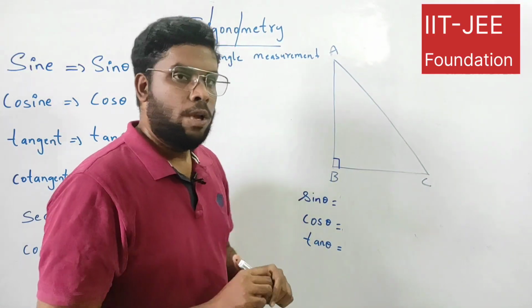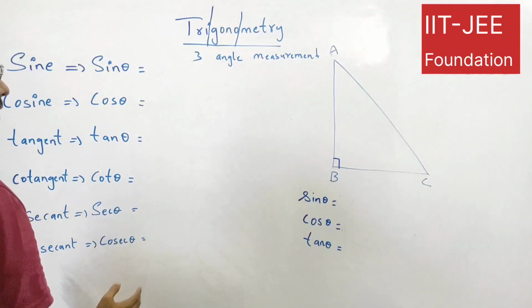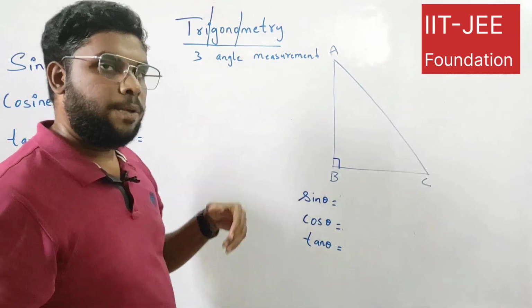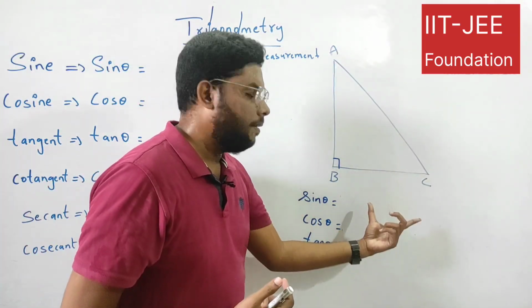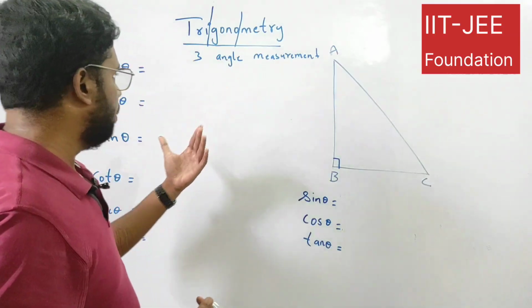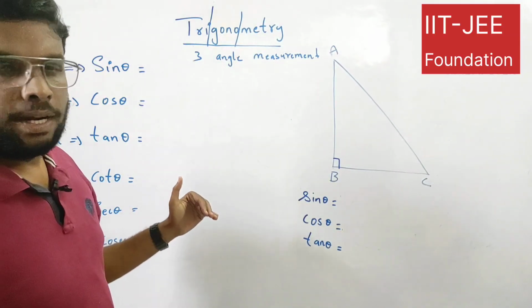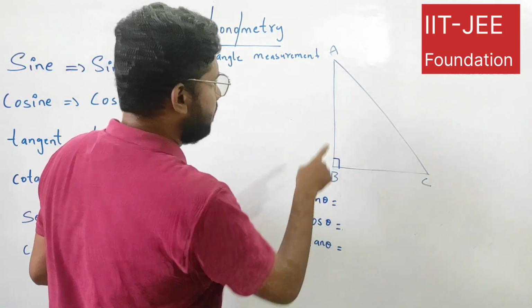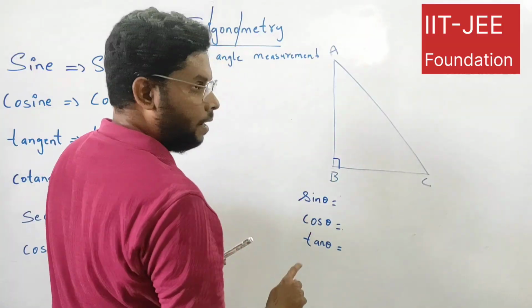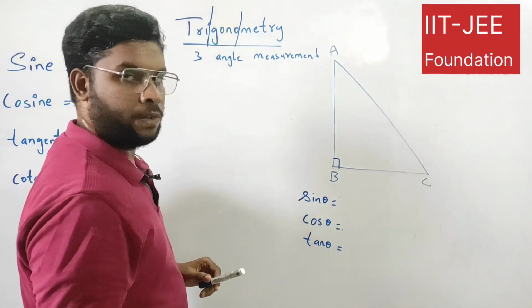So before going to the trigonometry ratios, first we will be familiar with the right angle triangle. Then we will introduce these trigonometry ratios one by one. So now focus here. This is our right angle triangle, right angle at B. Okay.